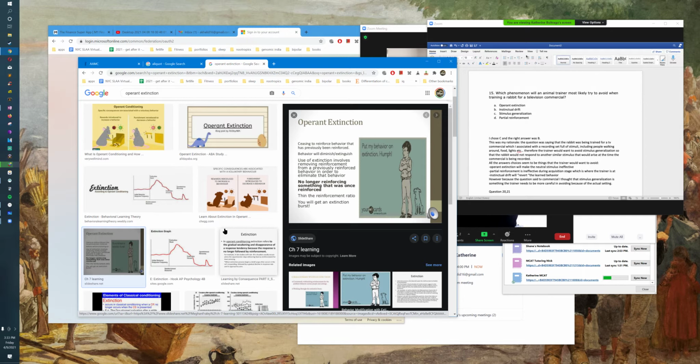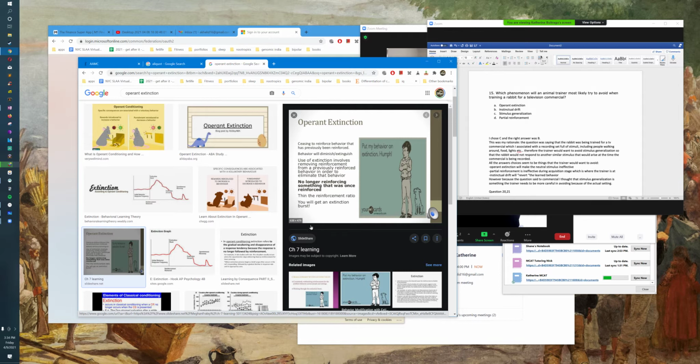So I looked into operant extinction, and that is stopping reinforcing behavior that has previously been reinforced. So they have the same result, but operant extinction is what you do for that same result, if that makes sense.